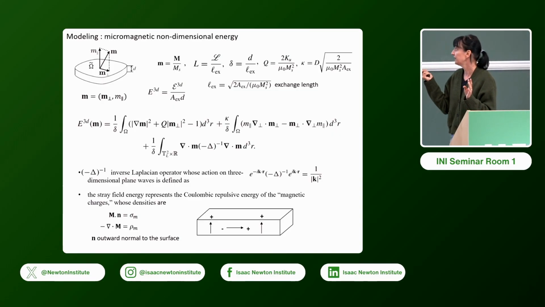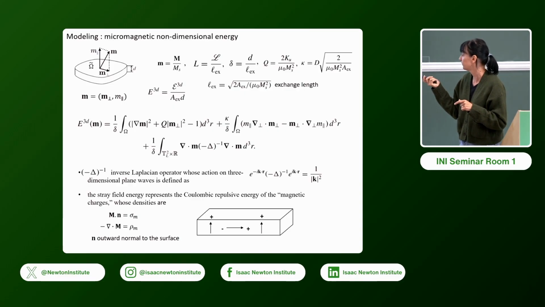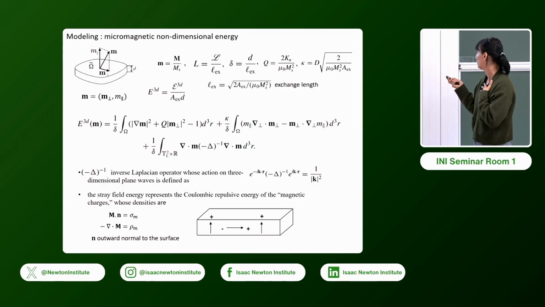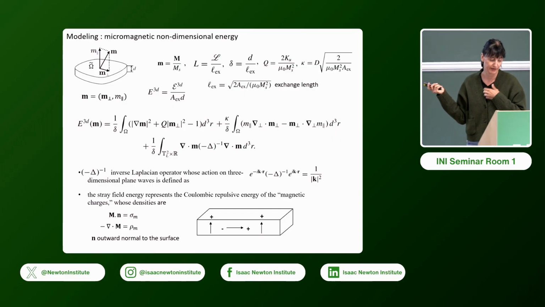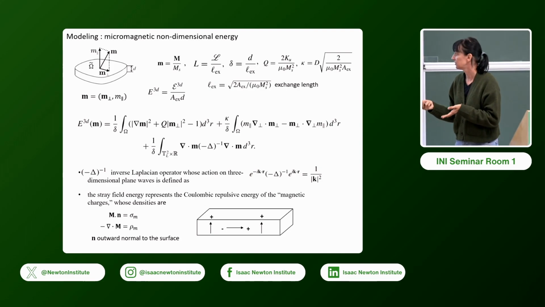And now we are writing the non-dimensional energy, where we have this compact expression for the stray field, where we have the inverse Laplacian operator whose action on a three-dimensional plane wave is defined as follows.